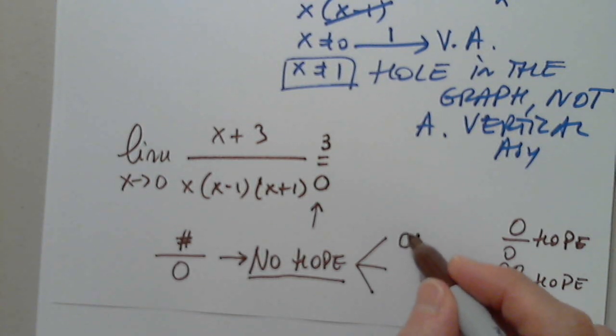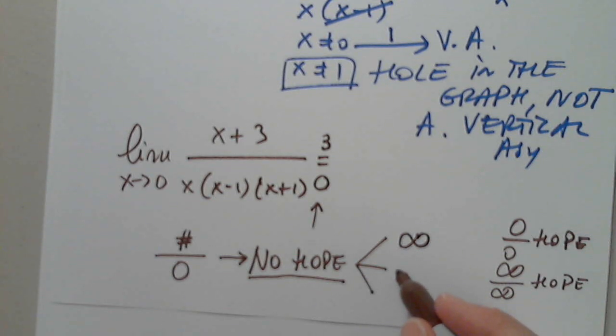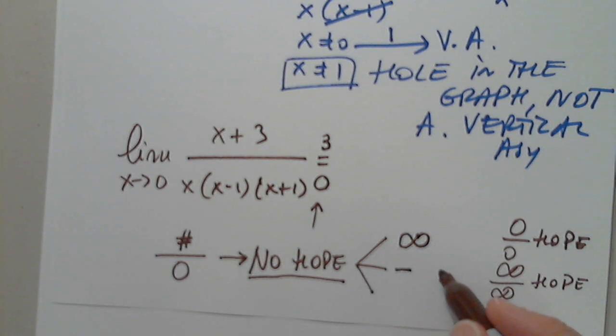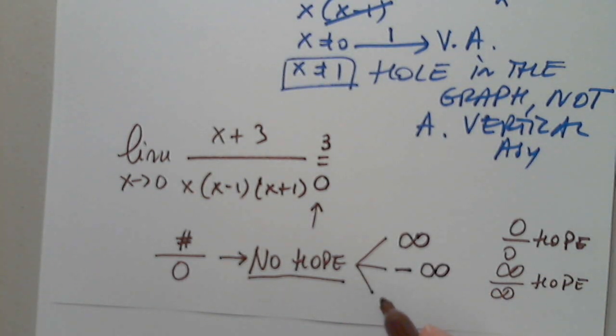Is it 0? And the last possibility? What was the third case here?